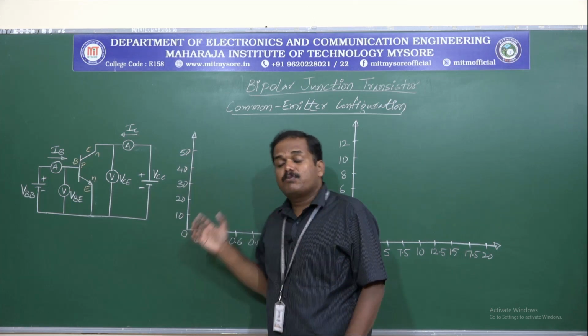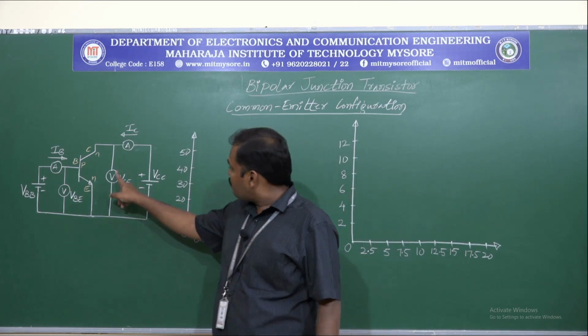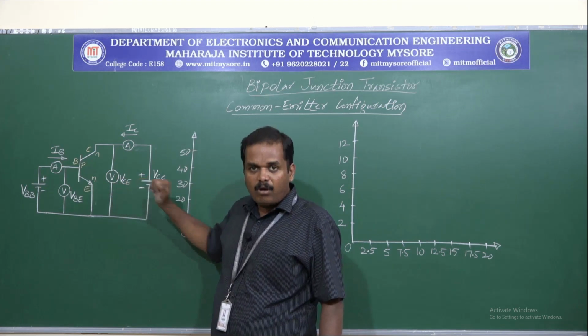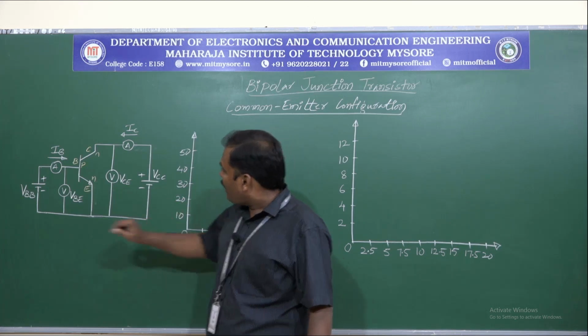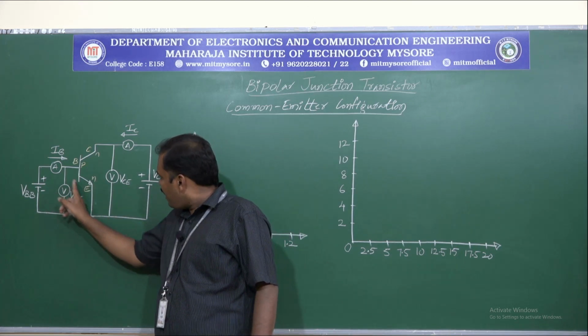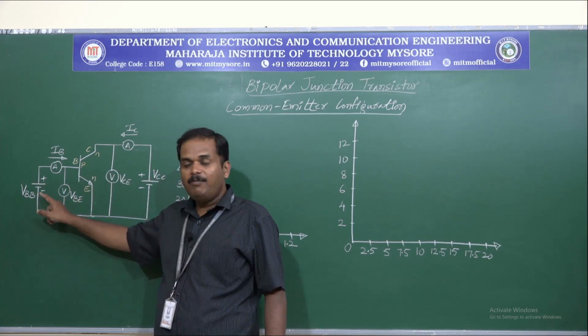Now in order to plot the input characteristics, we'll set VCE at a constant level by varying VCC, and we'll vary the base-to-emitter voltage VBE using the supply VBB.